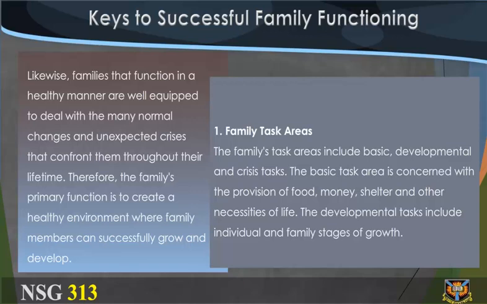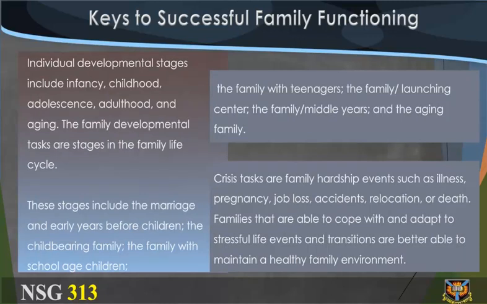The developmental tasks include individual and family stages of growth. Individual developmental stages include infancy, childhood, adolescence, adulthood, aging. The family developmental tasks are stages in the family life cycle.